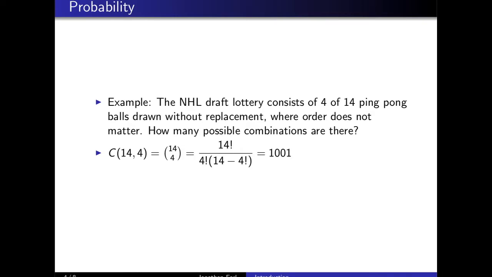So all of these combinations get allocated to the various teams, and whichever team's 4-ball combination comes up on the first draw of 4 gets the number 1 overall pick. Whichever team's combination comes up on the second draw gets the number 2 pick, assuming that second draw didn't also belong to the first team, and then they draw the 4 balls again for the third overall selection.